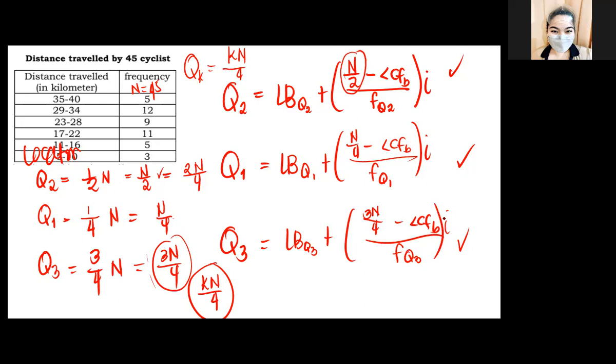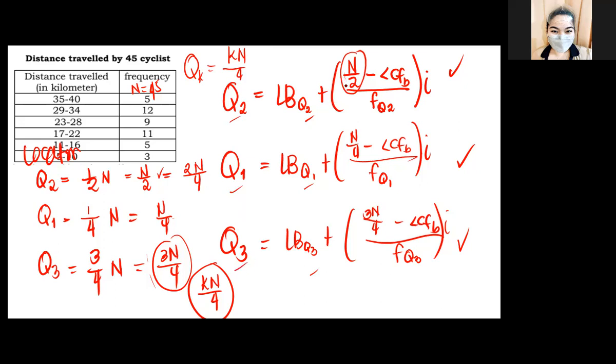So may pagkakapareho yung formula kung titingnan natin pero yung mga values niyan syempre iba-iba pag kumuha ka na ng values. Pero kung gusto mo lang naman tandaan, huwag mo makalimutan yung part ng formula. Lahat sila pare-parehong may lower boundary. Pero syempre, kung Q sub 2, lower boundary ni Q sub 2. Kung Q sub 1, lower boundary ni Q sub 1. Kung Q sub 3, lower boundary ni Q sub 3.